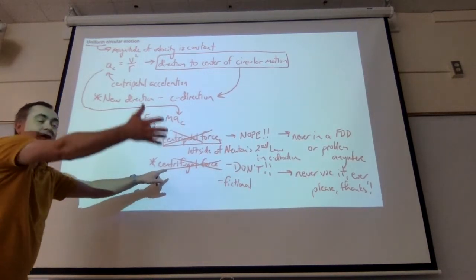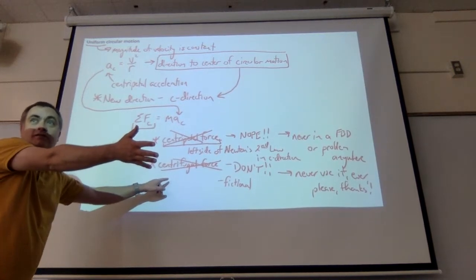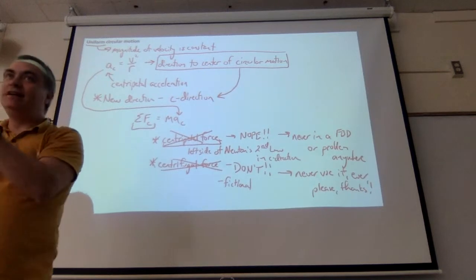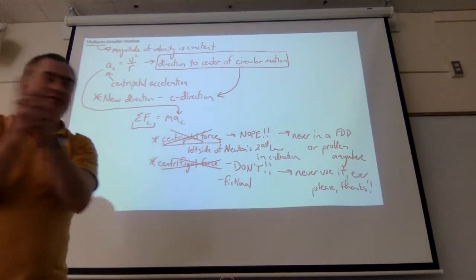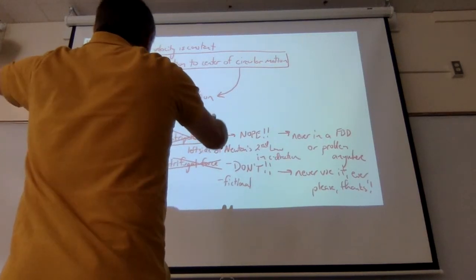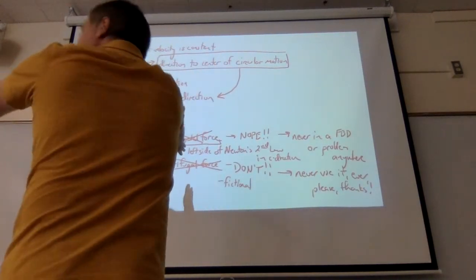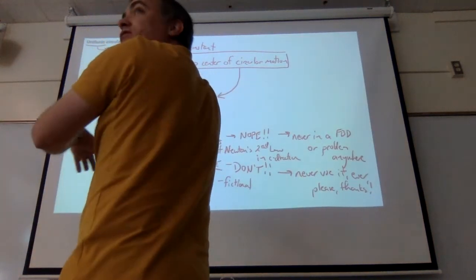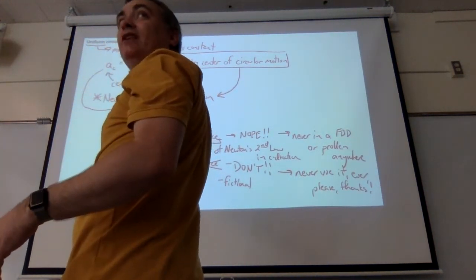Why did all of a sudden you feel like you went that way? Yes. You're just trying to keep going straight, right? You were going like this. And now the car decides to go over here, and you just keep going that way, right? So the car moves over this way, and all of a sudden you find yourself farther to the right in the car.